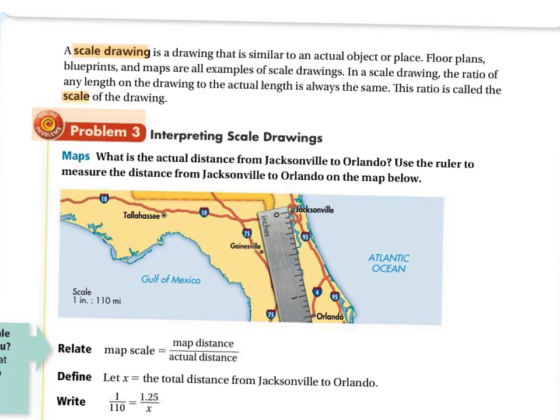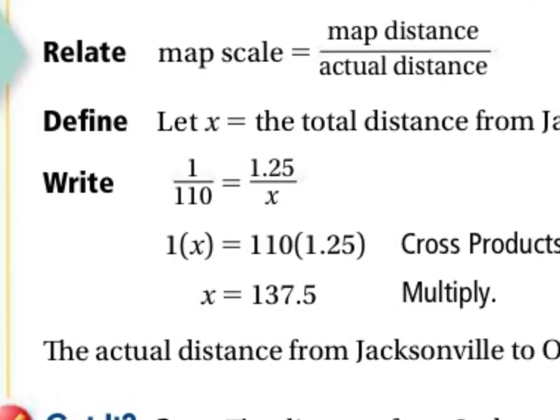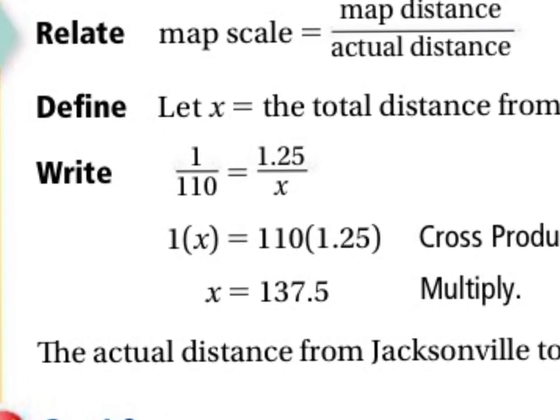the map scale is equal to the map distance over the actual distance. So here's our scale. And what we can do is, on the map, how they've measured this, they're saying that's 1 1/4 inches or 1.25 inches. On these, I usually just do these the way the book does, just seems easier.